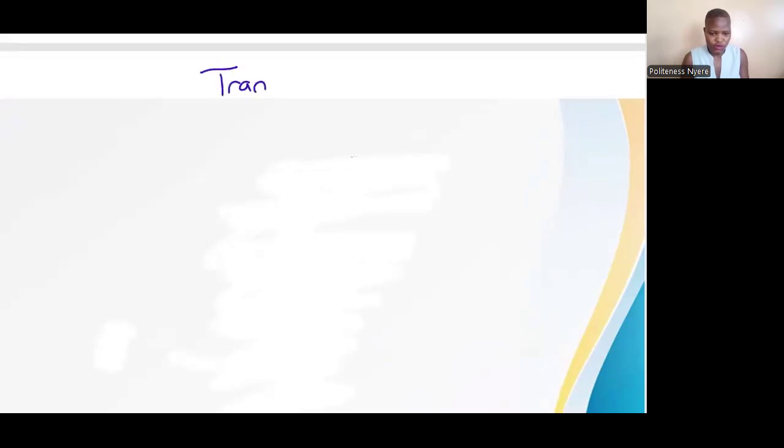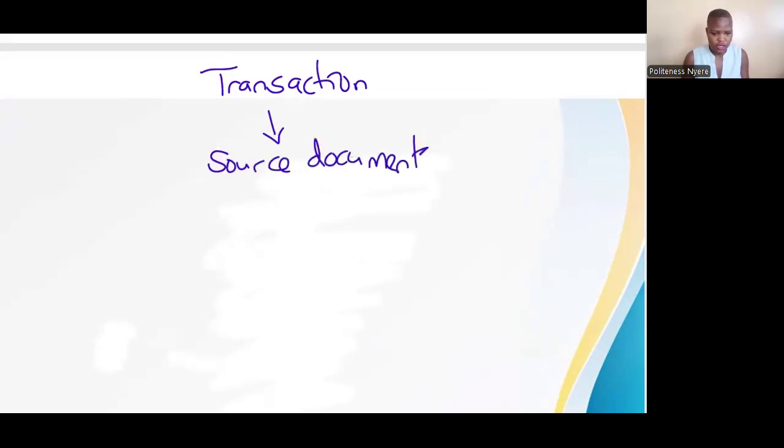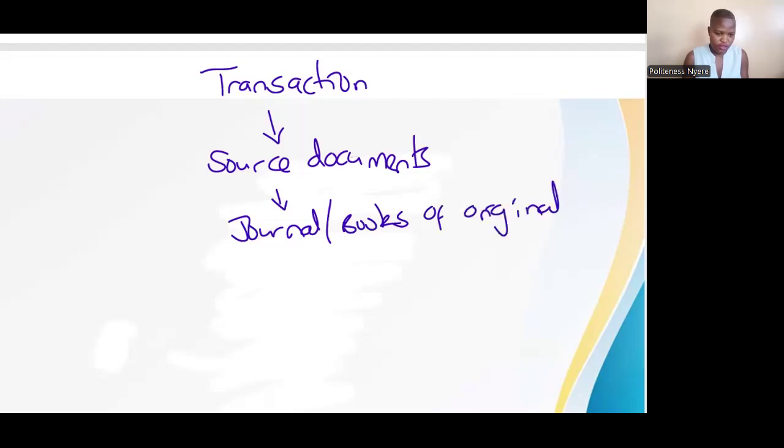So we start with a transaction, followed by our source documents. Next we have the journal, which can also be referred to as the book of original entry, or some books refer to them as subsidiary books.